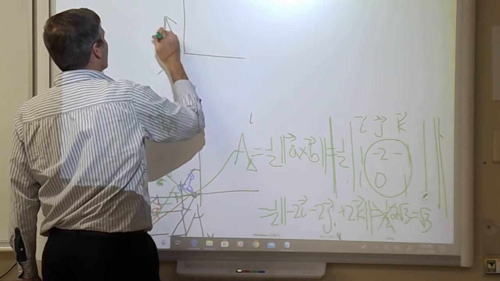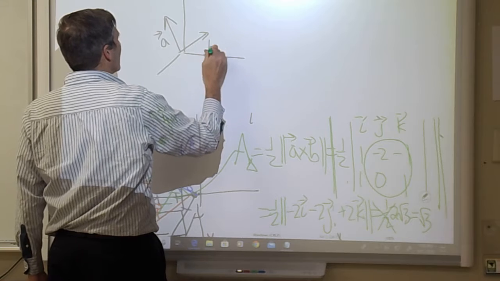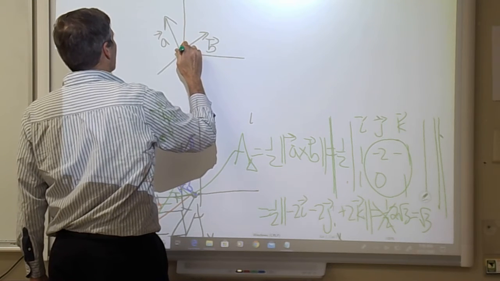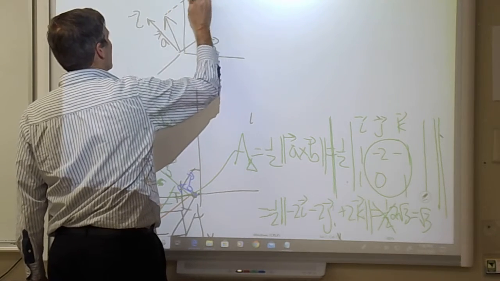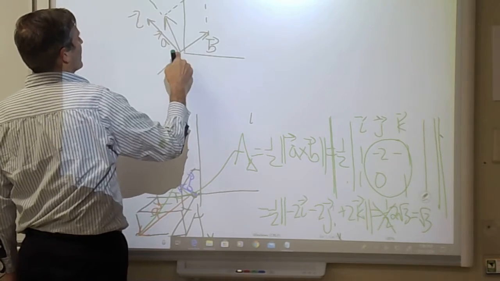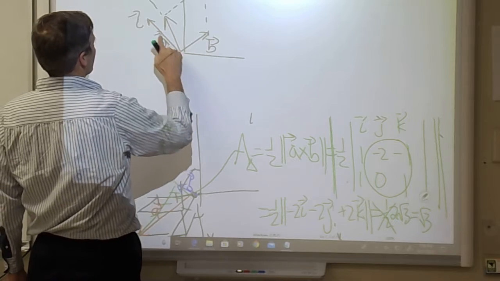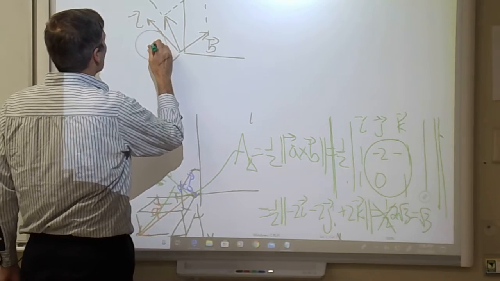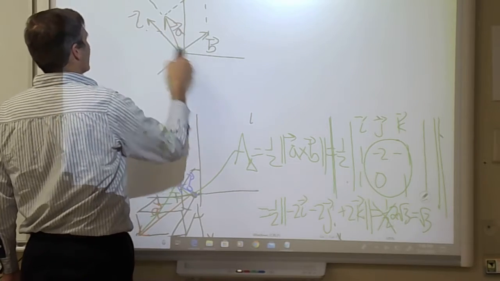Here's A, here's B, and here's C. I form the parallelogram with A and B, and then I form a parallelogram with A and C. Oops, I'm sorry, this is not. Oh, this one A, C, and B.